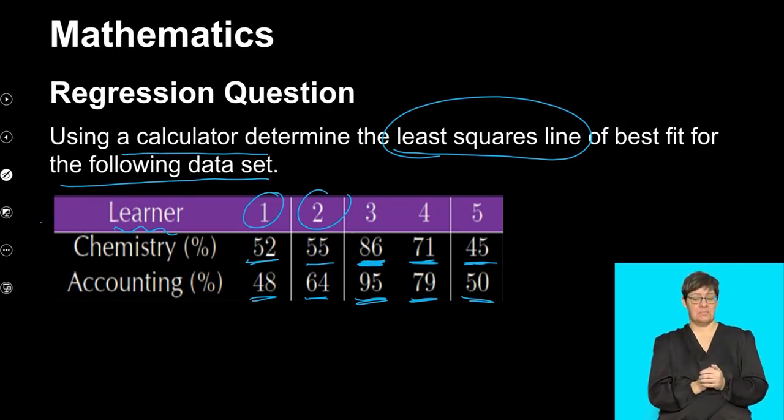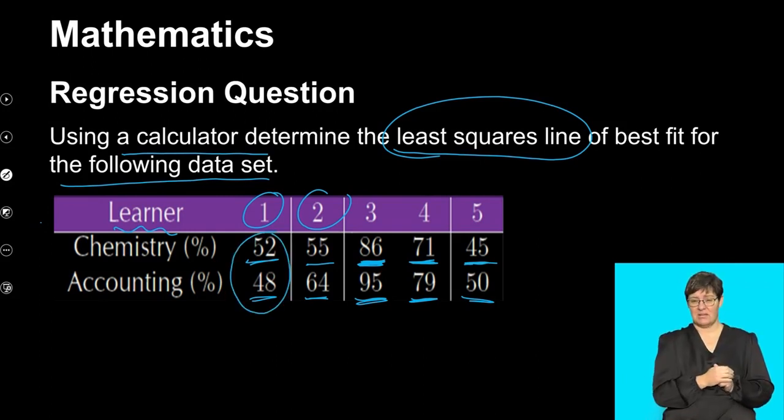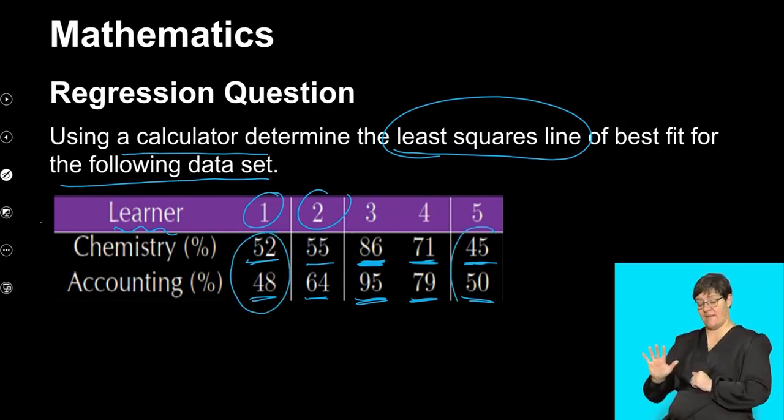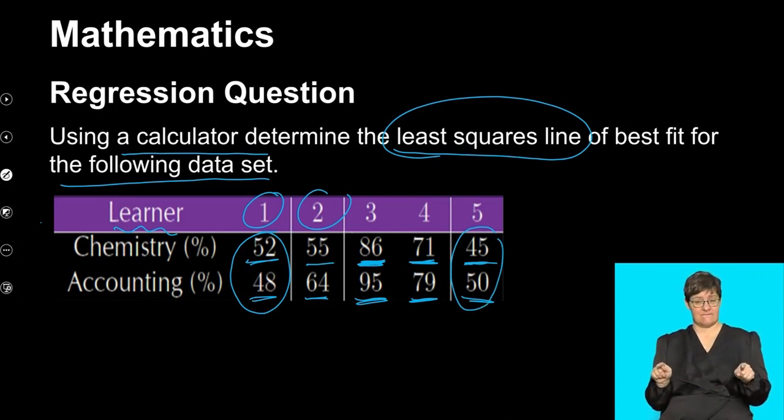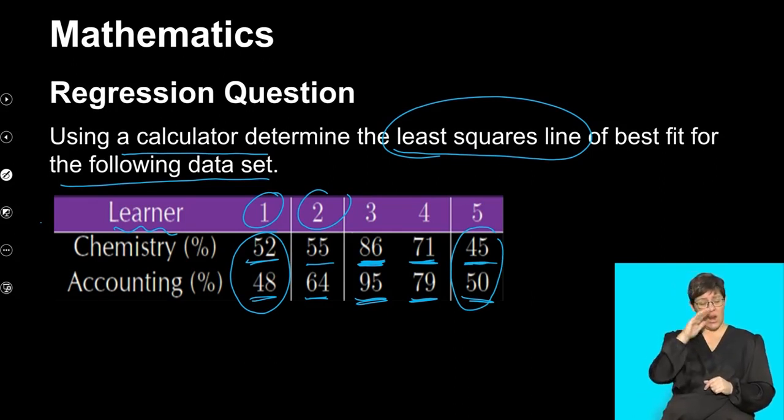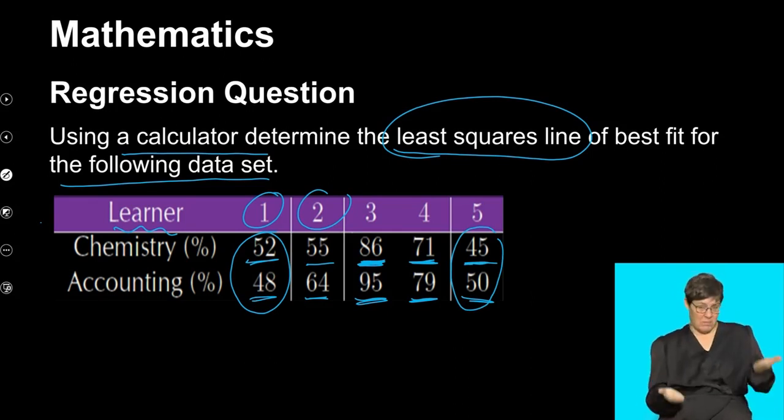And also, if you look at student 1 and student, does it mean a lower chemistry means a lower accounting? Could be. It could be.